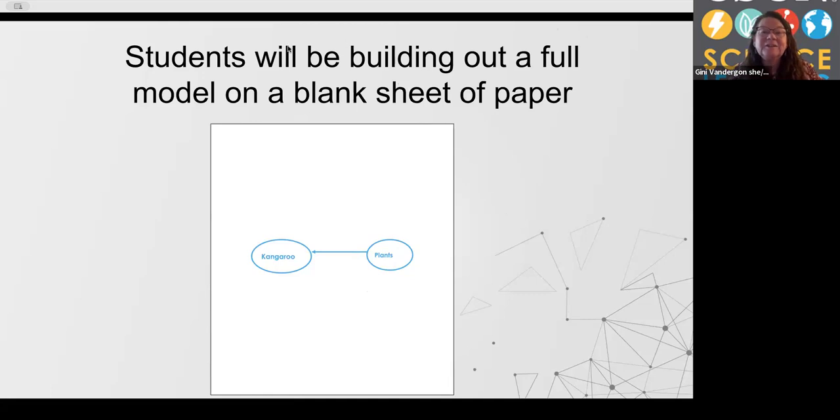What's the simplest explanation of how matter moves from the plant to the kangaroo?